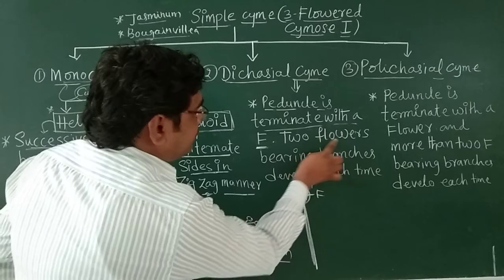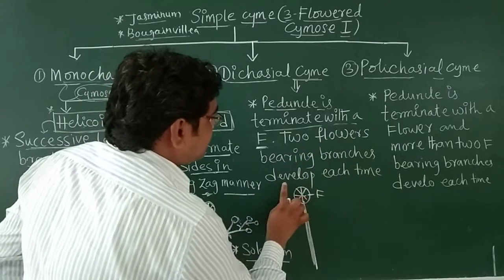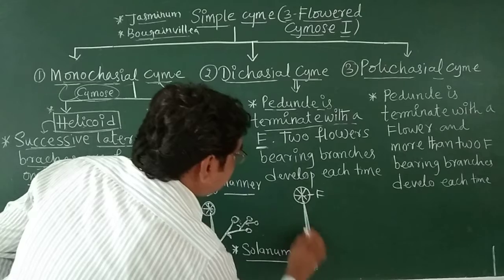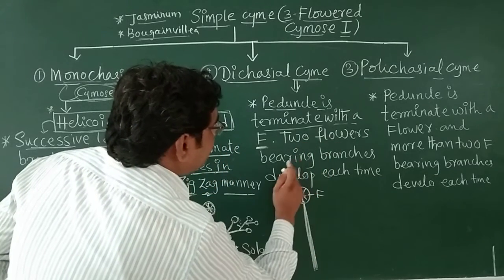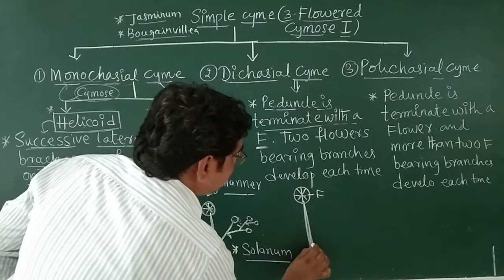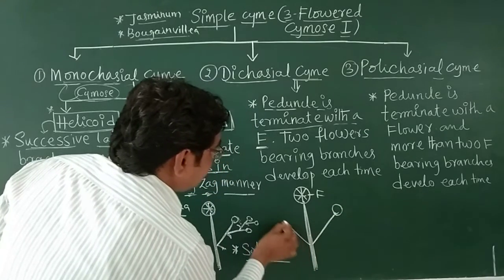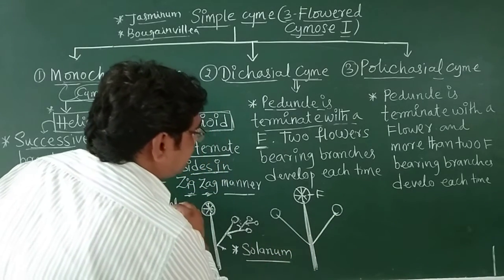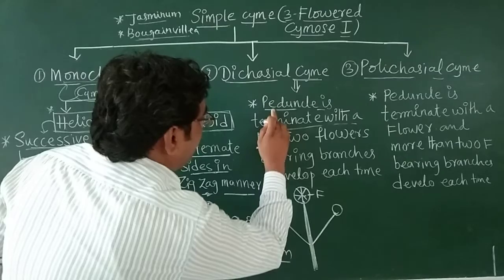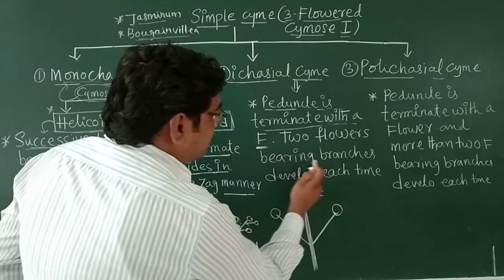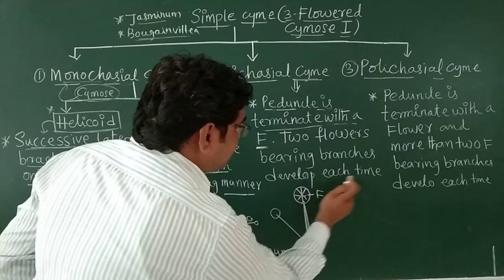Next, two flower-bearing branches develop each time. Here, each time means two flower-bearing branches are formed. This is one flower branch and this is also one flower branch. So the peduncle is terminated with a flower, and two flower-bearing branches develop each time.